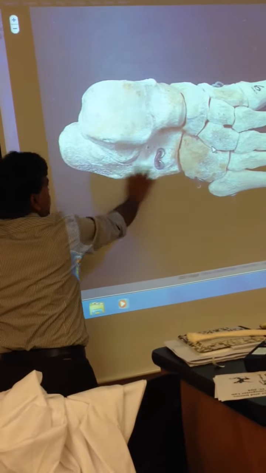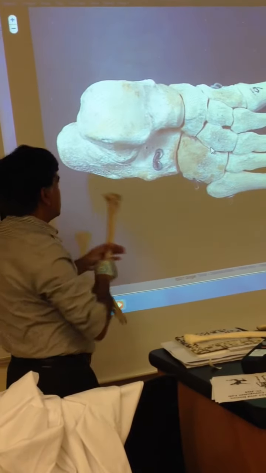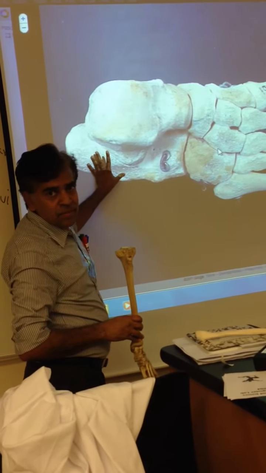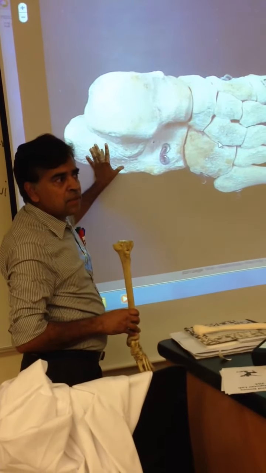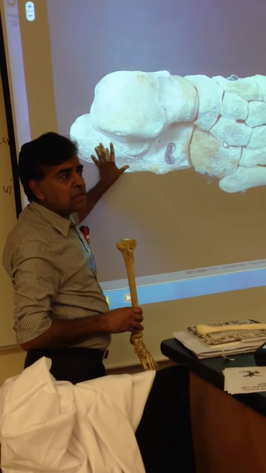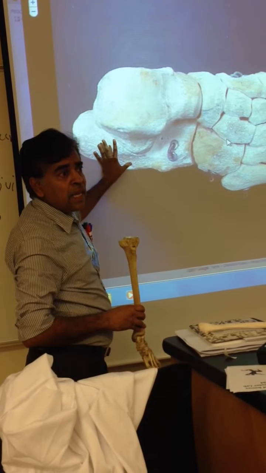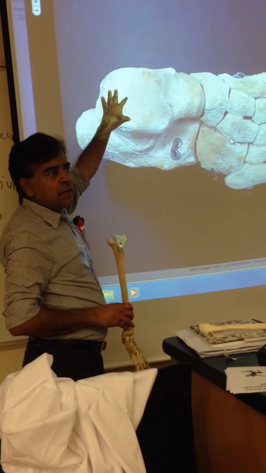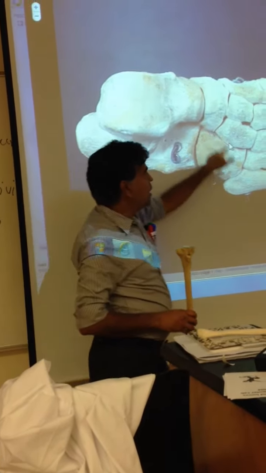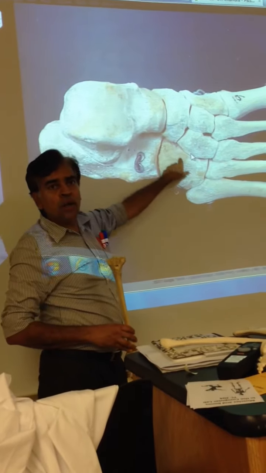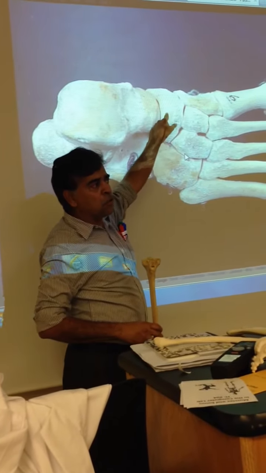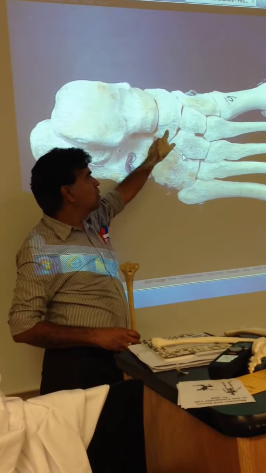The biggest bone is your heel bone, calcaneus. C-A-L-C-A-N-E-U-S. What is this bone on top of that? Talus. Then cube-like cuboid. This one looks kind of like a ring on your foot, navicular.